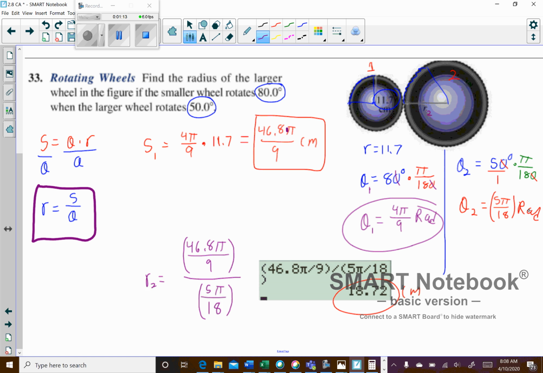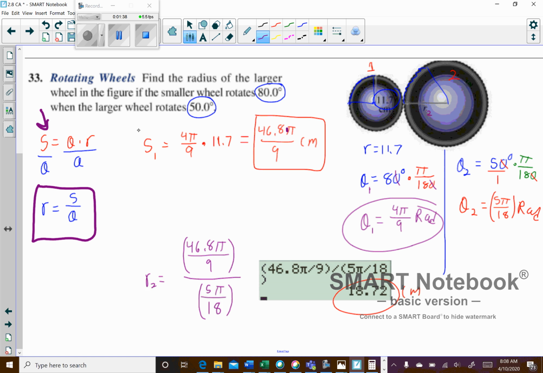Okay, now where's the connection between these two gears? Well, the arc length is going to be the same for both of them. Okay, so arc length is S, and you can see S right here. So the arc length is equal to theta times radius, and so theta has to be in radians.